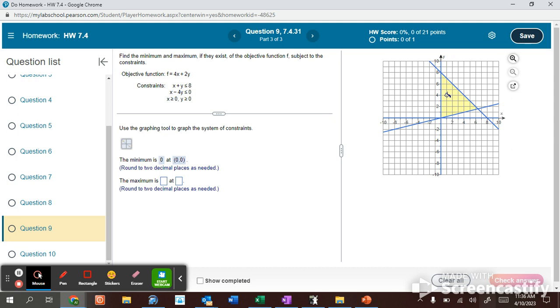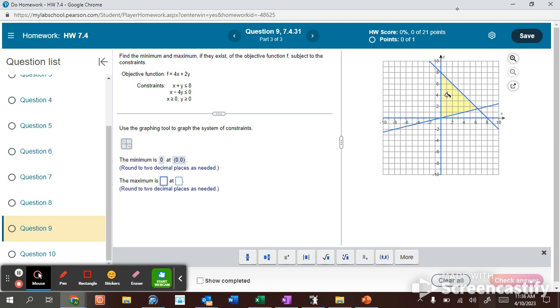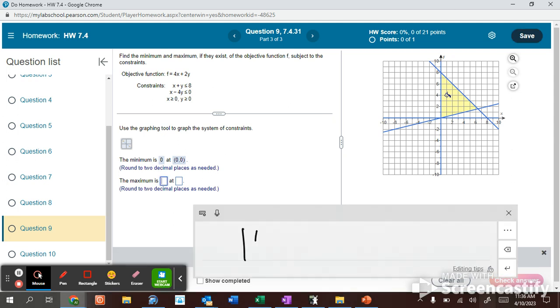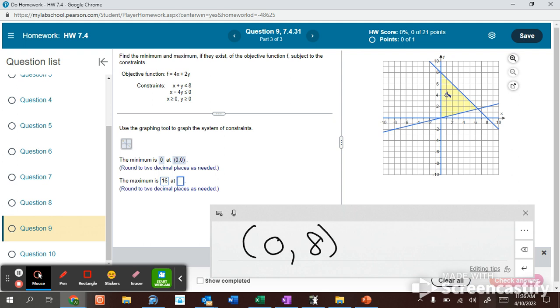So what's bigger, 144/5 or 16? 16. So our maximum is at 16, at the point 0, 8.